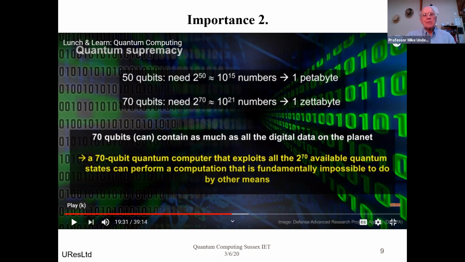Now, 50 qubits need 2 to the power 50, that's 10 to the 15 numbers, which is 1 petabyte. 70 qubits, it goes up pretty rapidly. 2 to the 70 is 10 to the 21 numbers, which is 1 zettabyte.